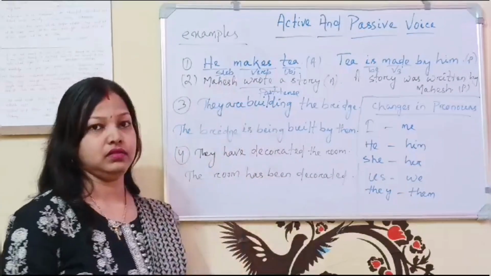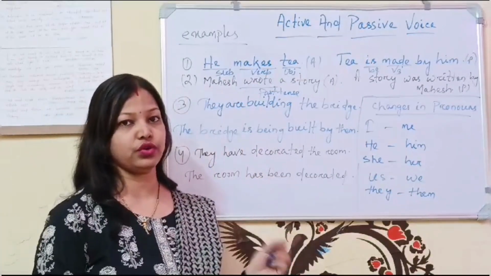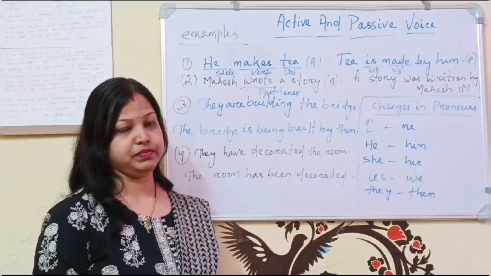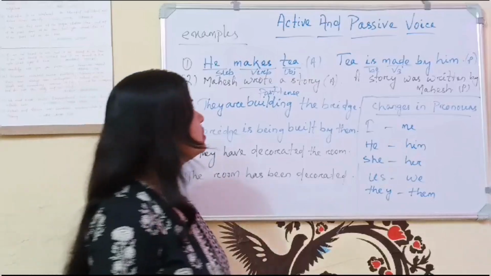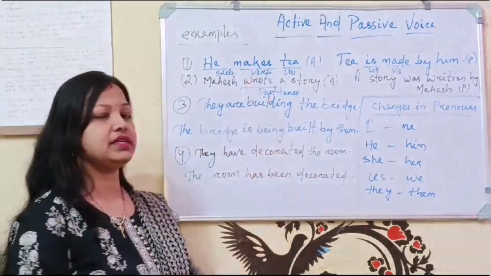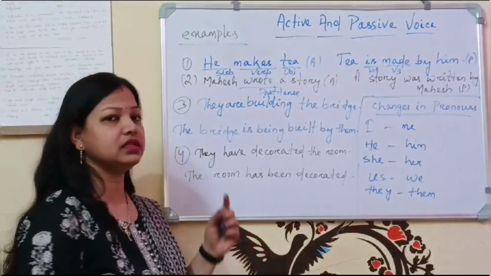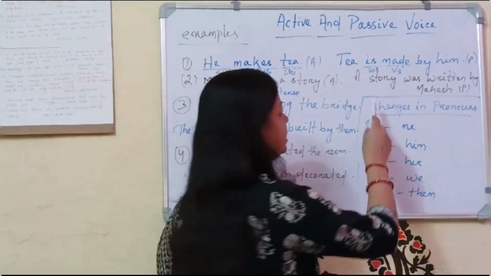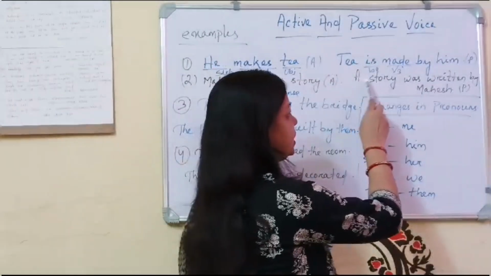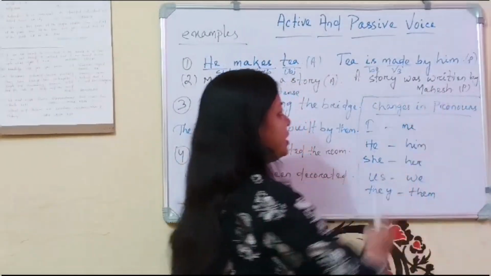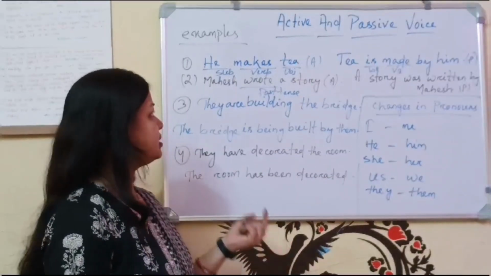Verb 3 is also not written. So if be plus verb 3 is not there in the sentence, then that is not a passive voice. Wrote is in past tense. So we will write a story. A story is the object. A story was written by Mahesh.